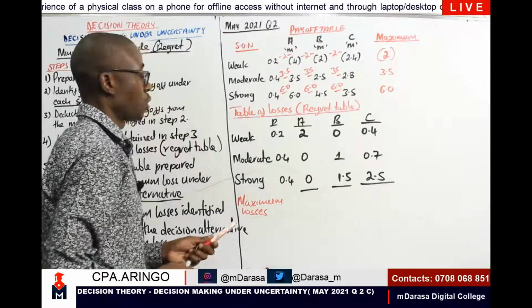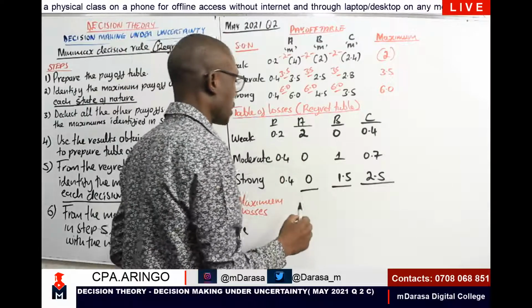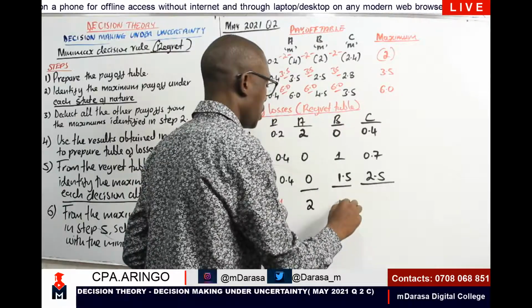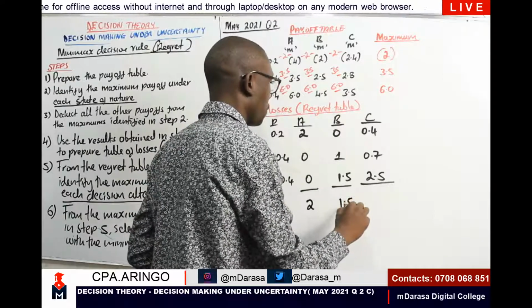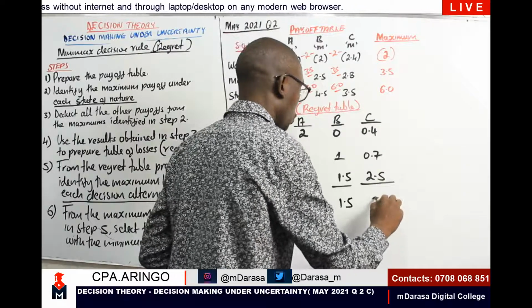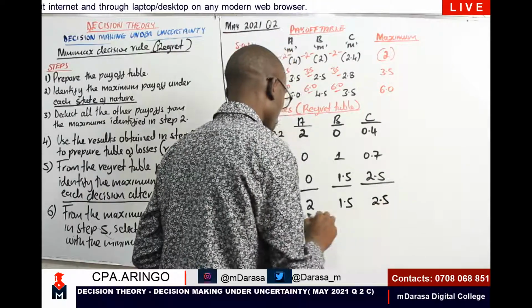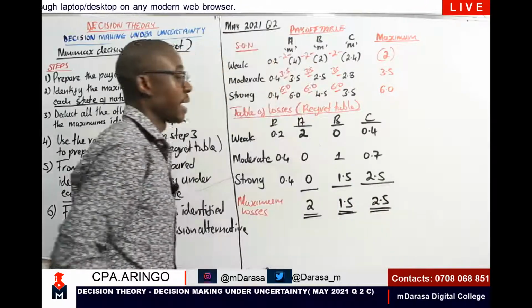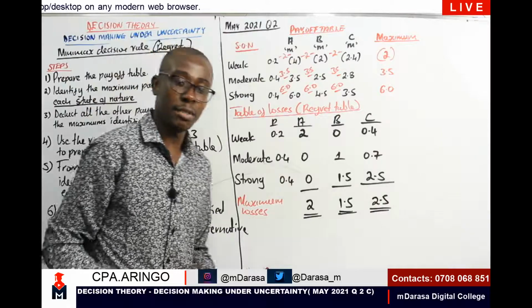Maximum loss at A is 2. Maximum loss at B is 1.5. Maximum loss at C is 2.5. So these are the maximum losses under each decision alternative.